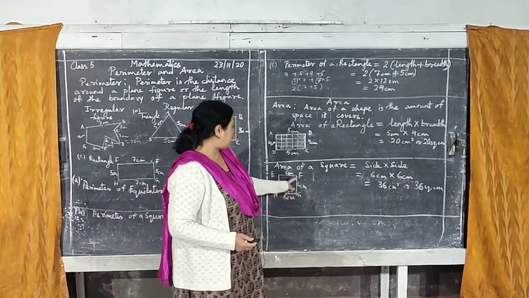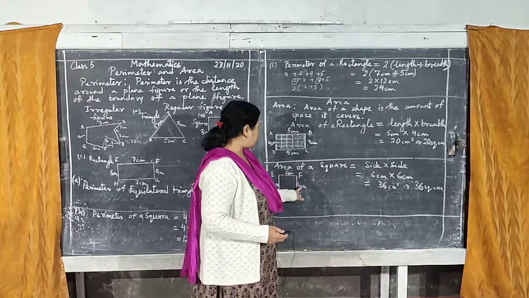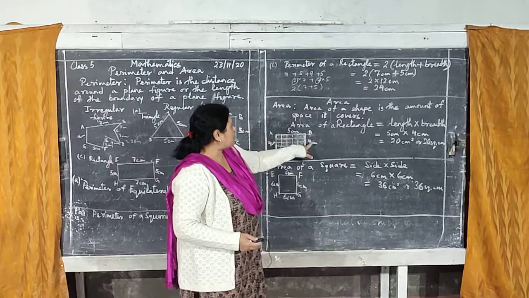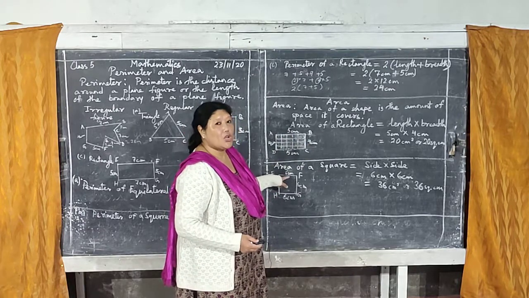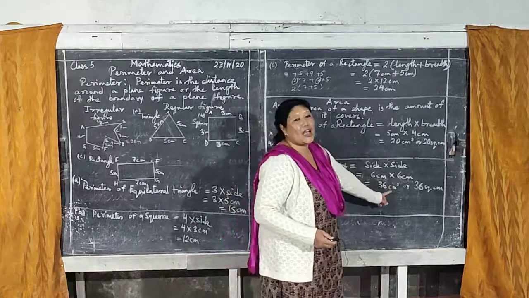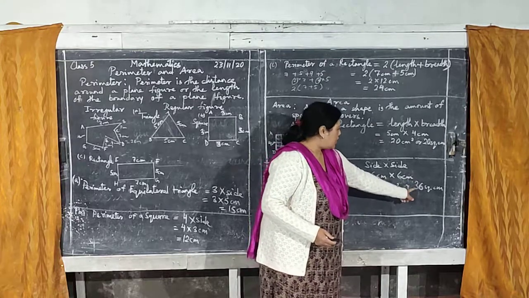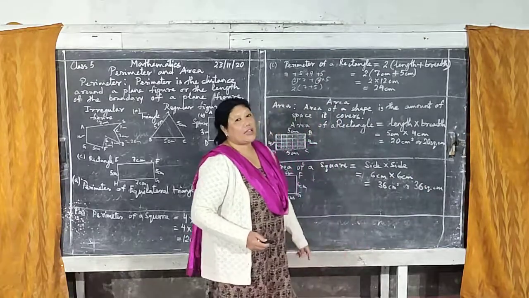So instead of adding, you just multiply side into side, just like length into breadth. So 6 6s are 36 centimeter square or 36 square centimeter.